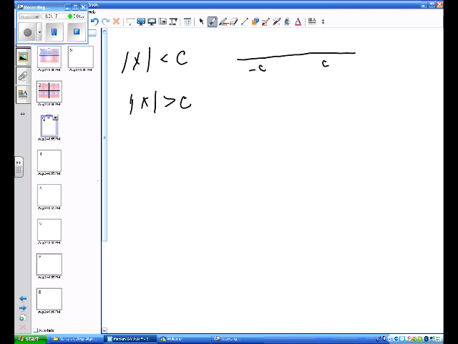You want all the values for x whose distance from 0 is less than the distance c is from 0. So that would be all the things between those two values.